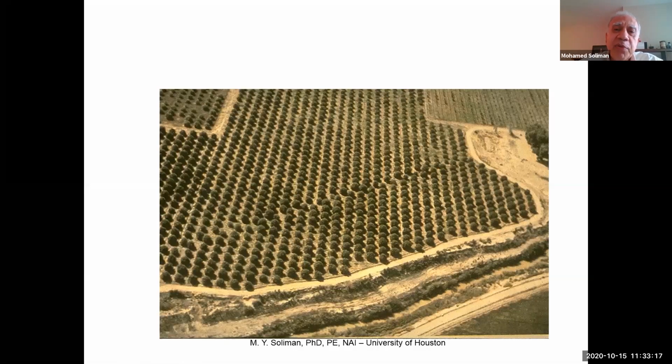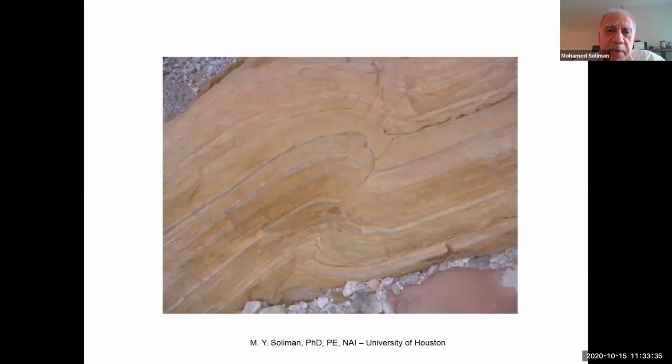How about this one? If you look at it from far away, you can see as if the formation just slipped sideways. That's a strike-slip situation. How about this? You see the fault here, and the rock actually bent, as if it's soft, but under high pressure and high temperature, even rock will bend.